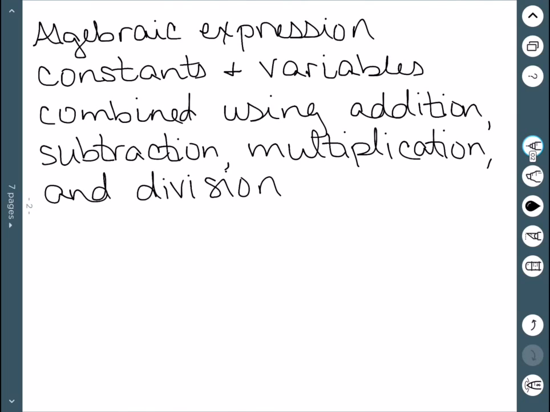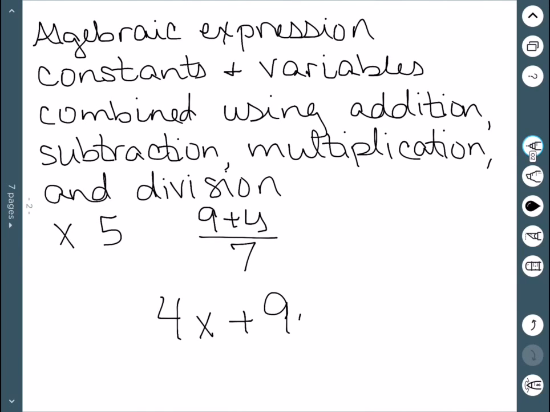So some examples would be something like x minus 5, or 9 plus y over 7, or 4x plus 9y. So these are all algebraic expressions.